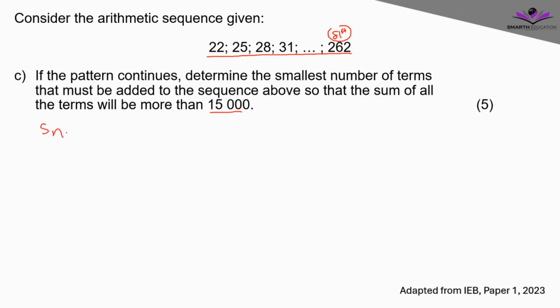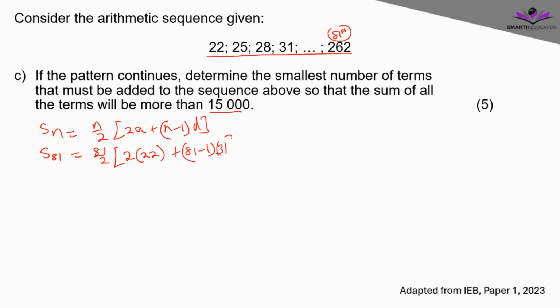So Sn is equal to n over 2 times 2a plus n minus 1 d. Right, the sum of 81 terms. So it's 81 over 2, then 2 times 22 plus 81 minus 1 times 3.